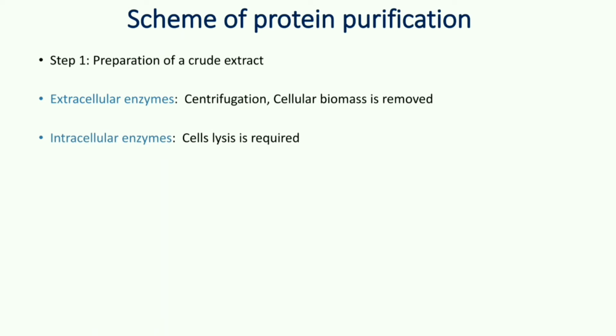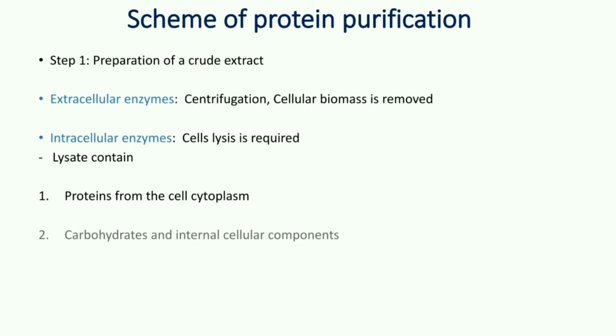In case of intracellular enzymes, as the enzyme is generated inside the cell and remains there, cell lysis is an essential step. After bringing about cell lysis, the lysate will contain proteins from the cell cytoplasm, carbohydrates and intracellular components, nucleic acids, as well as cell debris.